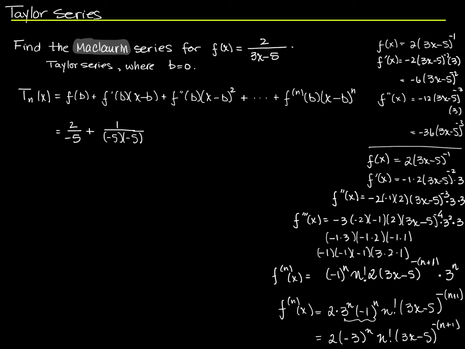Okay, so evaluated at b, evaluated at 0, my first derivative, I get negative 5 times negative 5 under a 1. I have a negative 1 times 2 in front of that, and I have a 3. So I think I'll write it as negative 1 times 2 times 3.